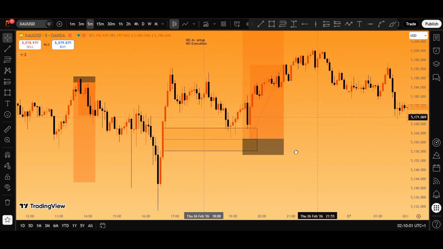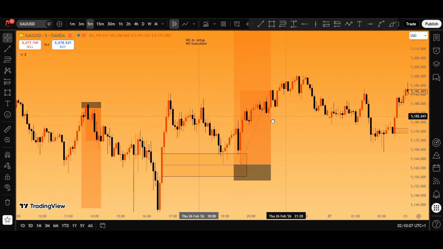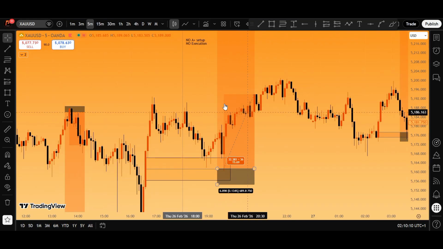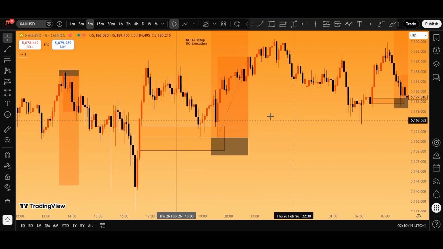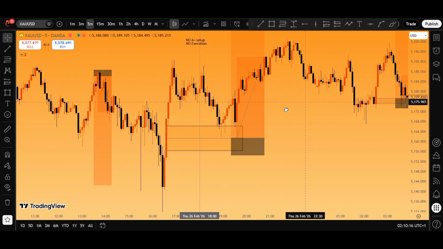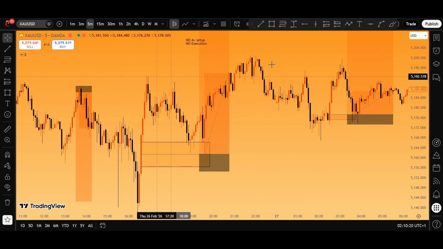See, favorable gap mitigated, favorable gap mitigated, other block mitigated. Every damn thing had been used. So if I had forcefully picked an entry here, I'd have gotten stopped out and lost money unnecessarily, even though it broke structure to the upside.